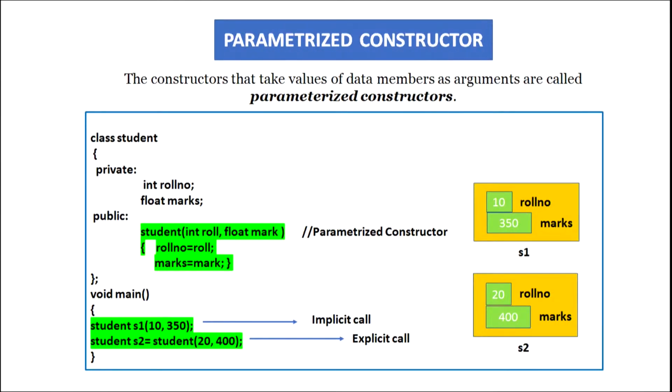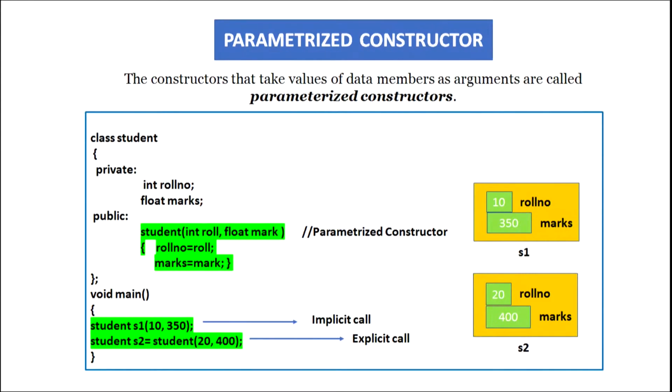So, with this statement, the object S1 will be created, and these parameters will be passed to the parameterized constructor, and 10 will be assigned to the data member roll number and 350 will be assigned to the data member marks. So, you can see in the memory diagram of S1, memory is allocated to roll number and marks, and the values 10 and 350 will be stored in the data members, roll number and marks respectively. This is the implicit call of parameterized constructor.